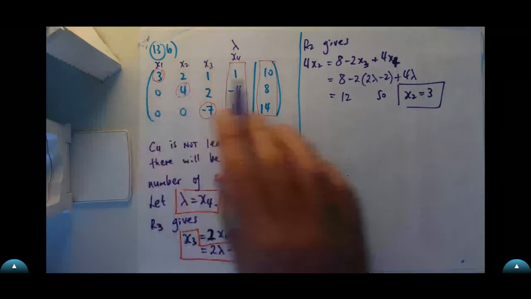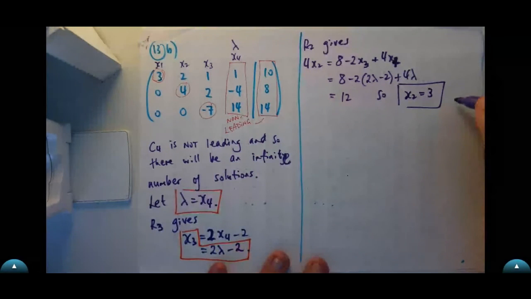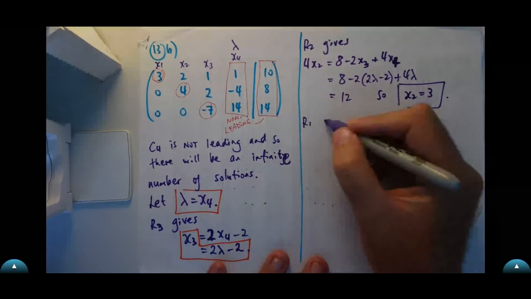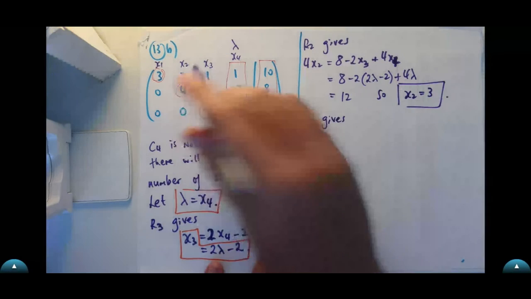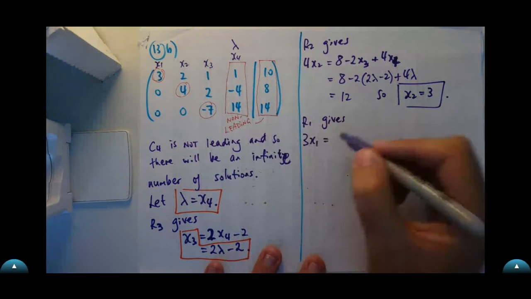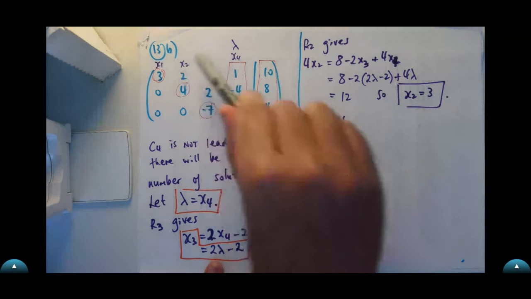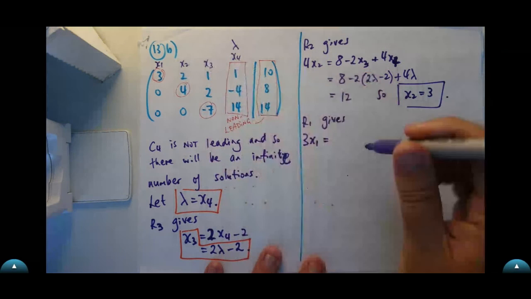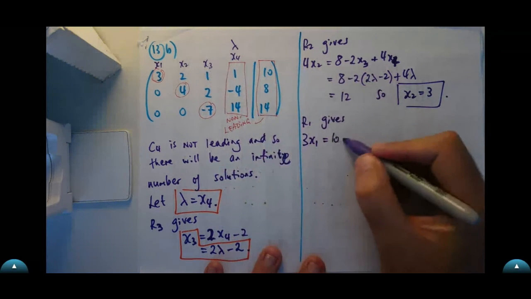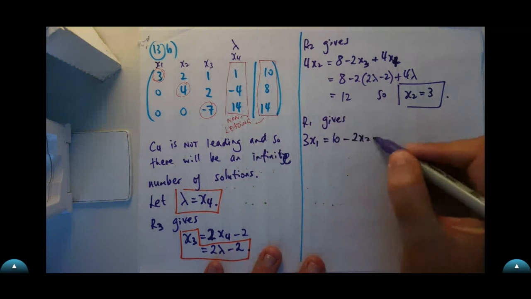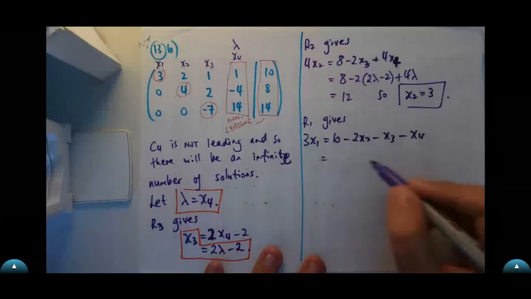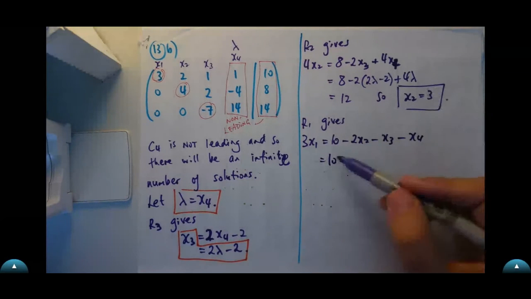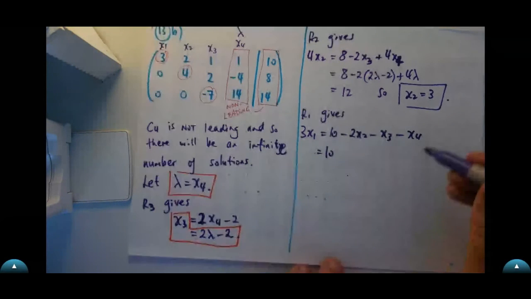Let's get x1 from the very first row. It's going to be 3x1 equals 10 minus 2 times that, minus 1 times that, minus 1 times that. And now we just back substitute all these bits in here.